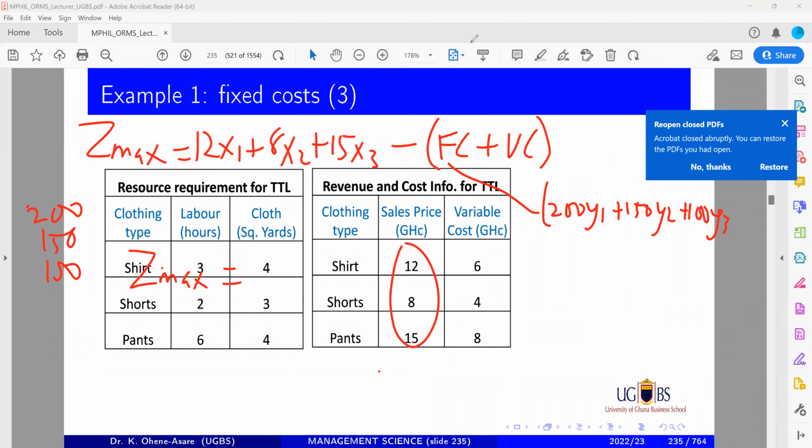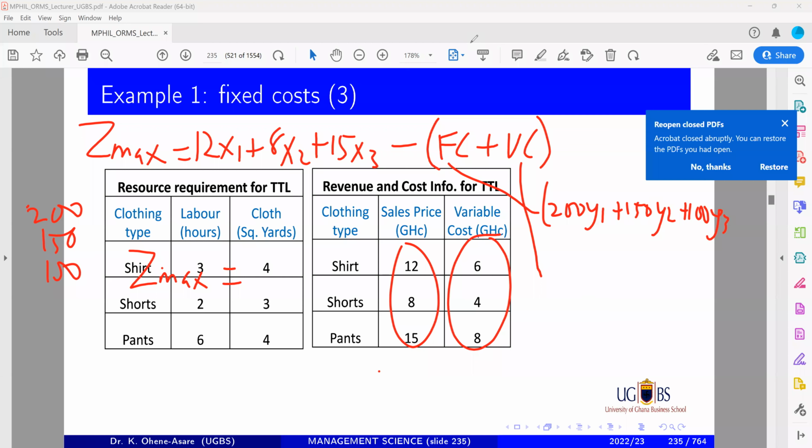Okay, let's go to the variable cost. The variable costs, as you can see, are on the far right. Variable cost means that it is a number times the x's. It is variable, it's changing. So they will not use the y's, they will use the x's, the quantities that are changing.